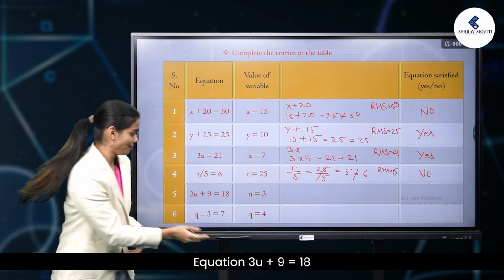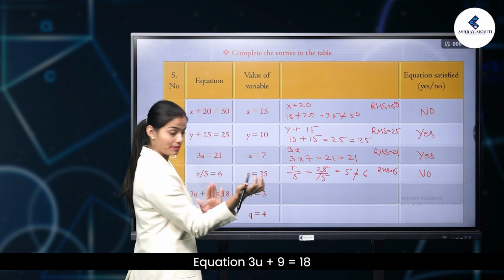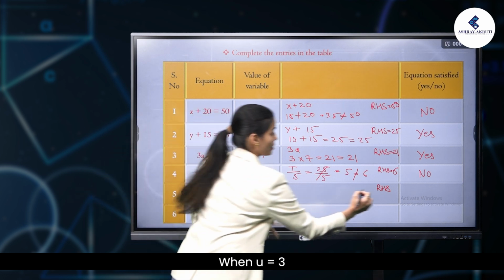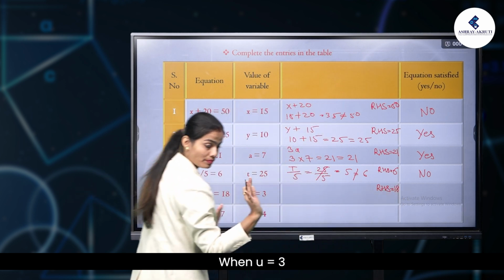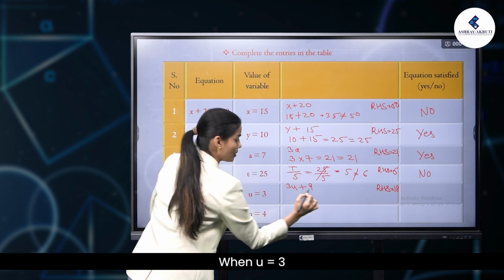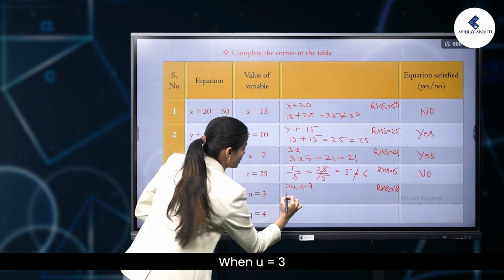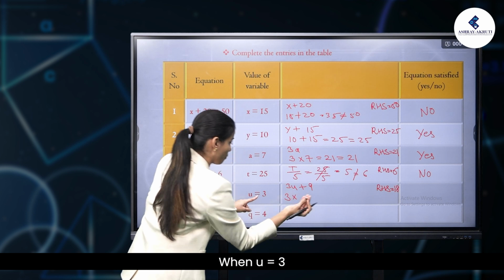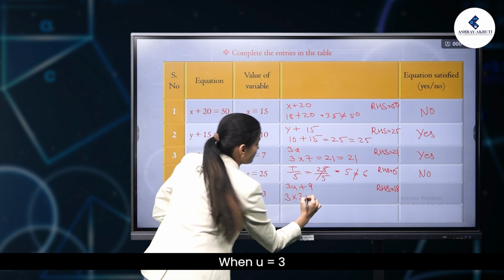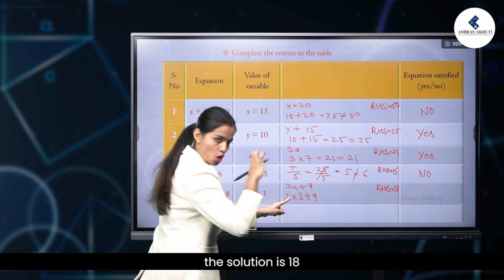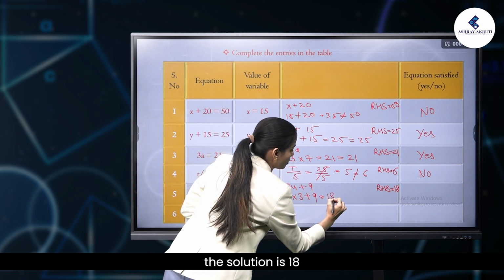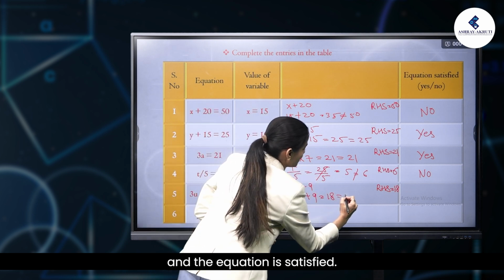Equation 3u plus 9 is equal to 80, when u is equal to 3, the value is 80 and the equation is satisfied.